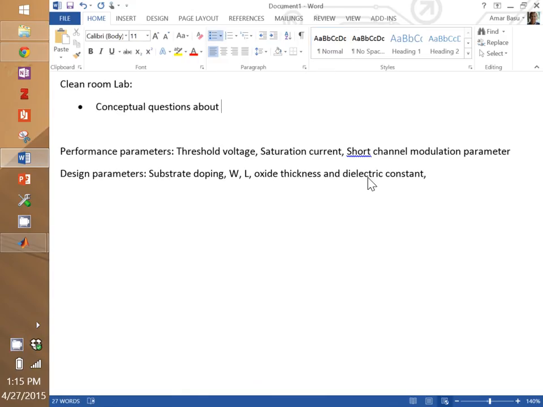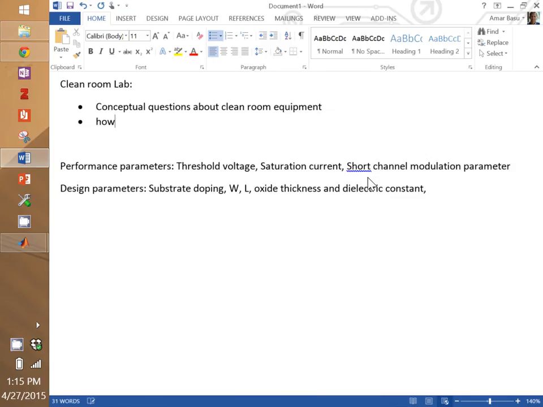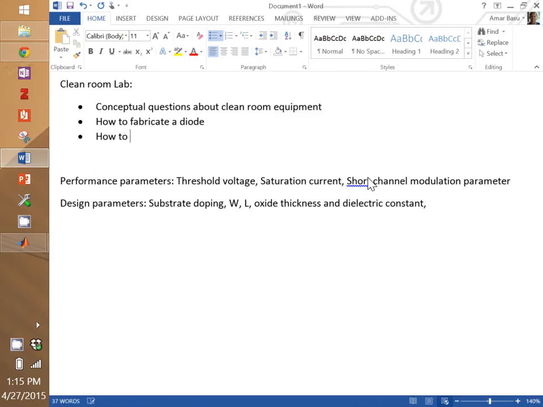Conceptual questions about clean room equipment, how to fabricate a diode, how to do, let's say, measurements of sheet resistivity and what it means.